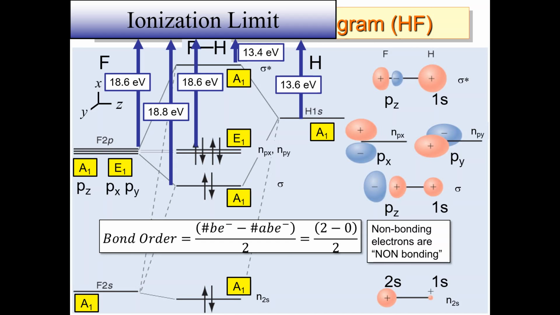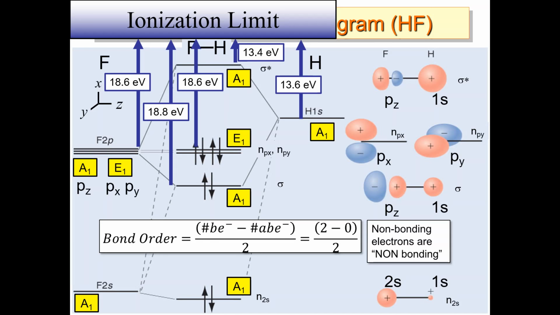Now, one thing that's not labeled on here is, where is the highest occupied molecular orbital? First off, remember, the molecular orbitals are in the middle, so even the non-bonding orbitals are molecular orbitals. They're just not bonding or antibonding, they're non-bonding, but they qualify as molecular orbitals.